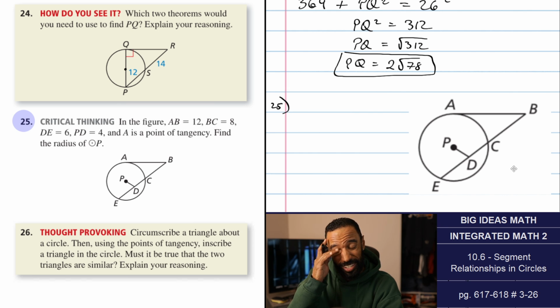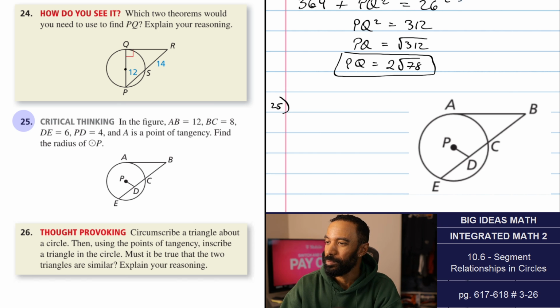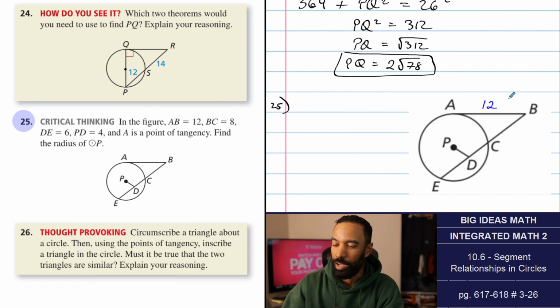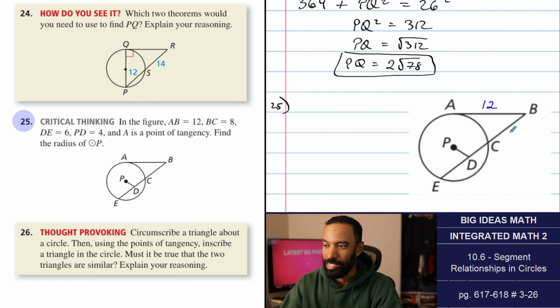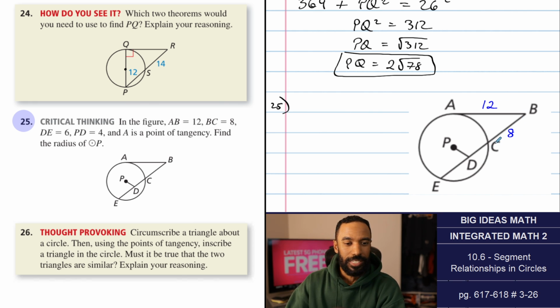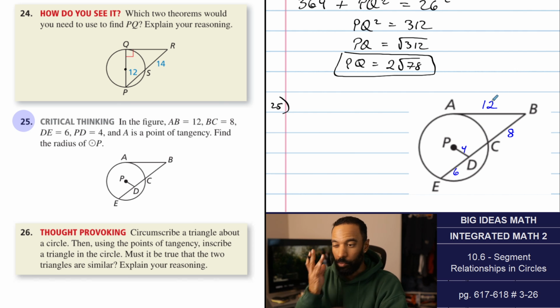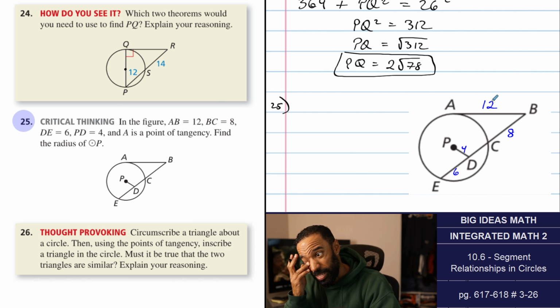Read the problem for me, will you? AB is 12. BC is 8. DE is 6. PD is 4. Interesting. And A is a point of tangency. Find the radius of circle P.